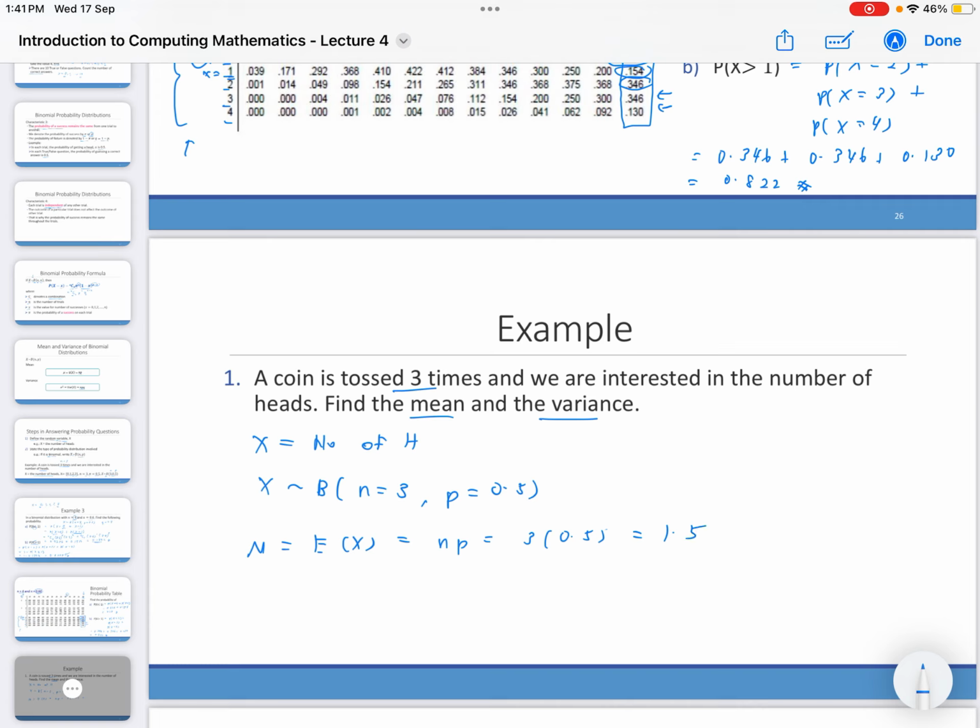And then for the variance, sigma squared, the variance of x, this one, the formula is n times p times q. So we have 3 times 0.5 times q, which is also 0.5, equals to 0.75. So this is the answer for this question.